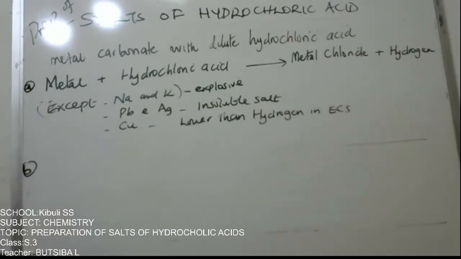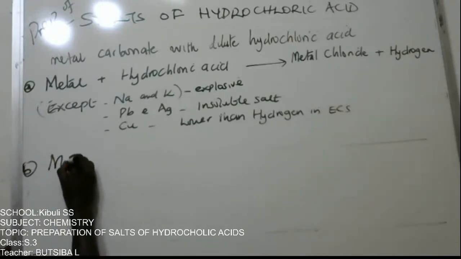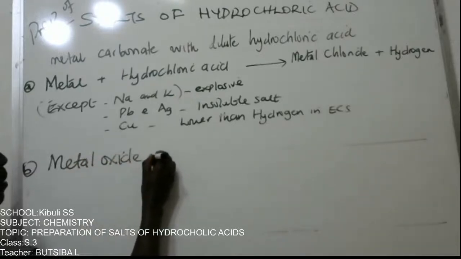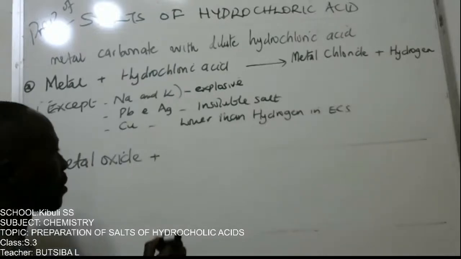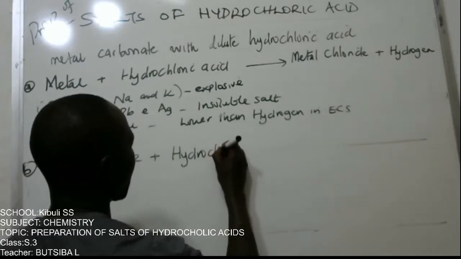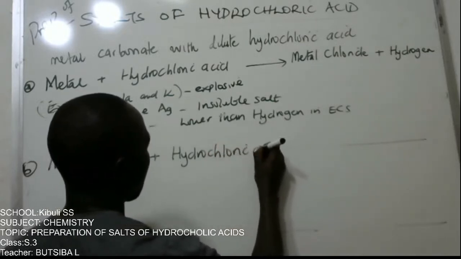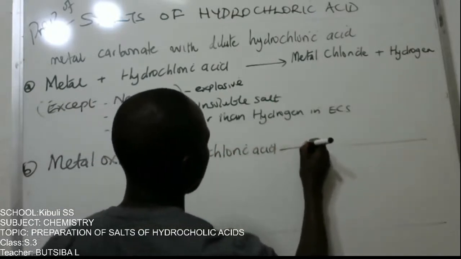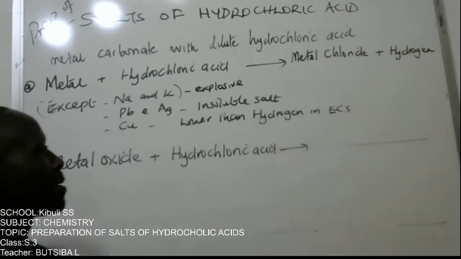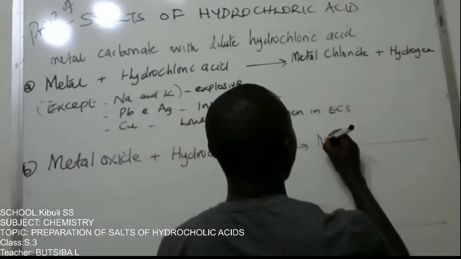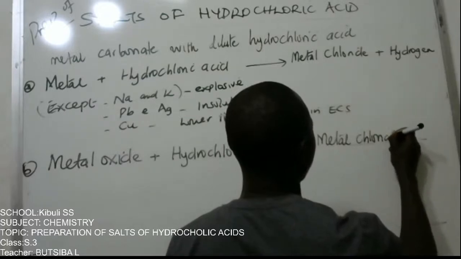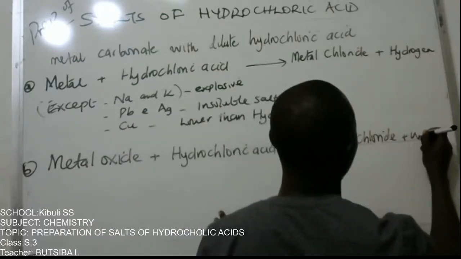Category number 2, we are thinking of metal oxides. Metal oxide plus our acid hydrochloric acid. What do we obtain? Metal chloride and water.